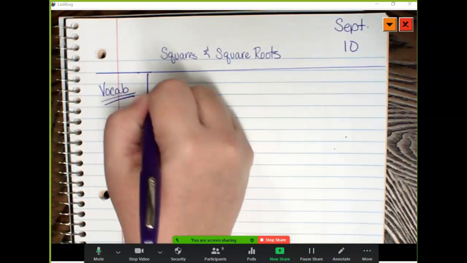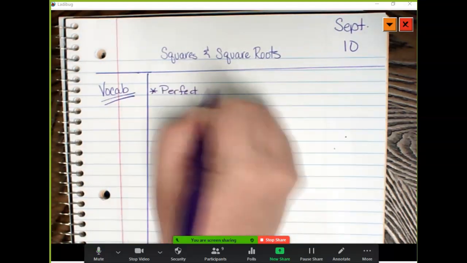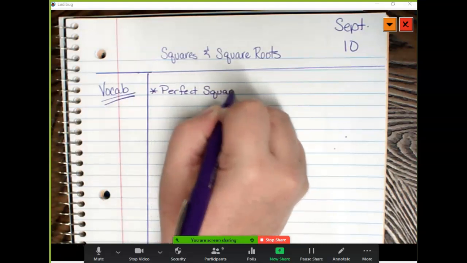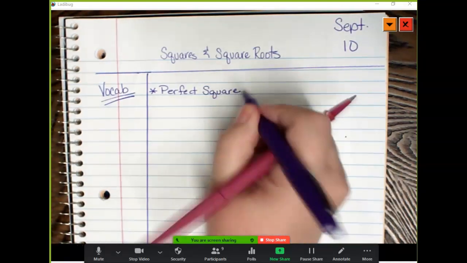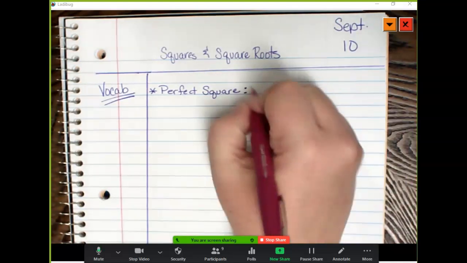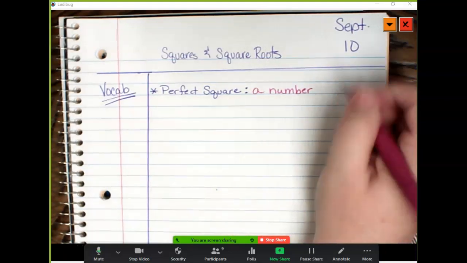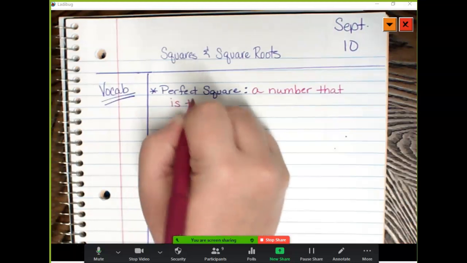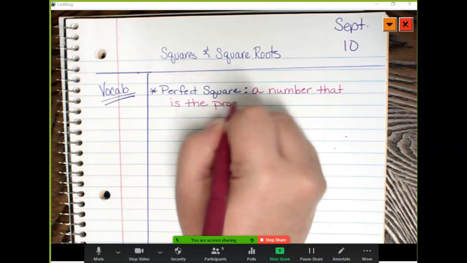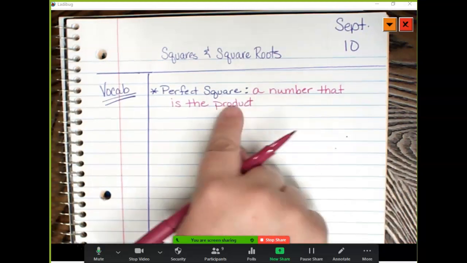Our first vocabulary word is called perfect square. A perfect square is a number that is the product... Does anybody remember what type of operation the word product relates to?